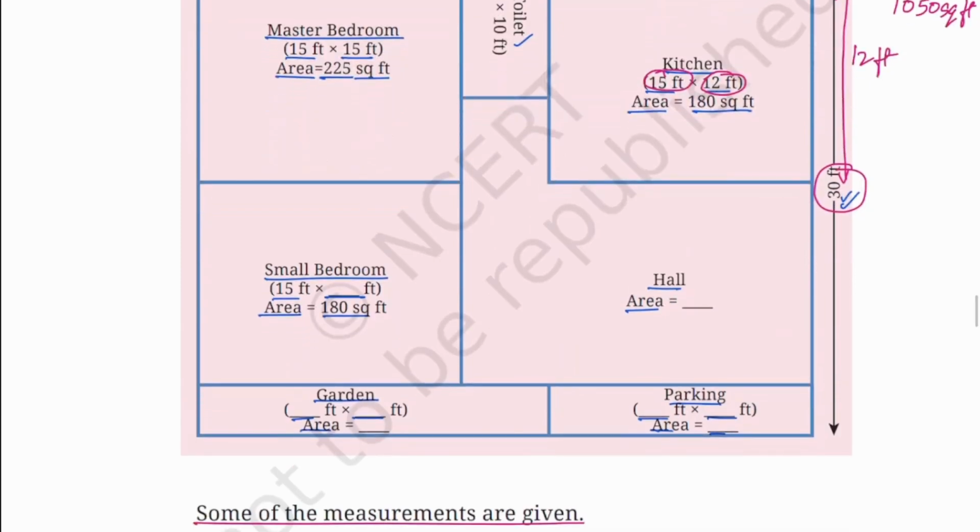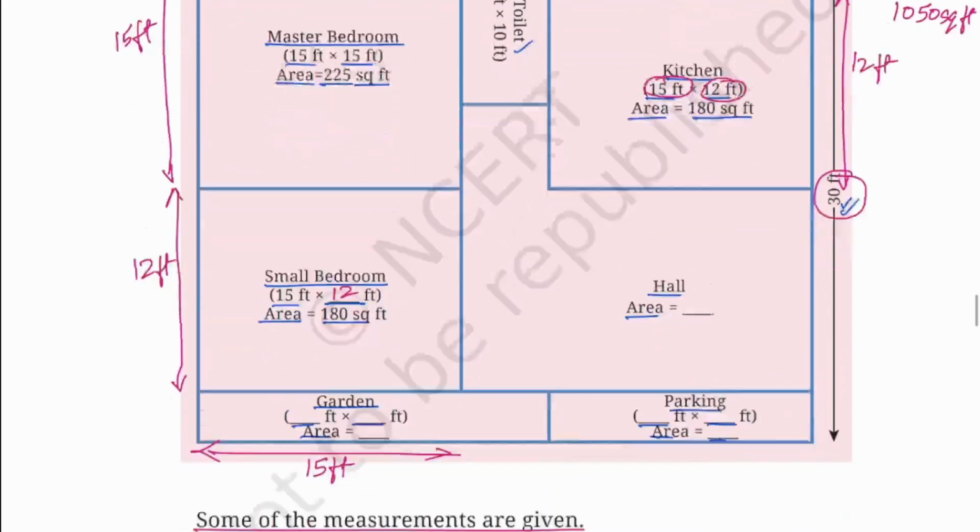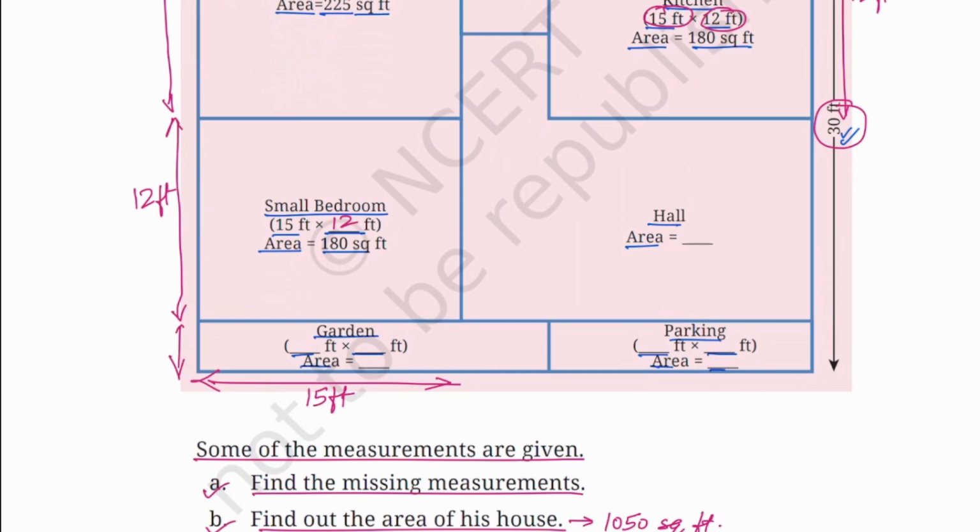Similarly, you have to fill here 12 so that 15 into 12 becomes 180. Since this one is 15 feet, so this will be 12 feet. Since this one is 15 feet, so 15 and 12, 27 and 3, 30.